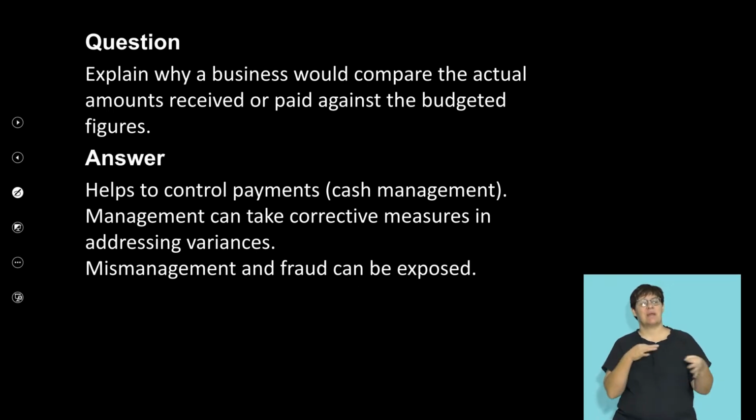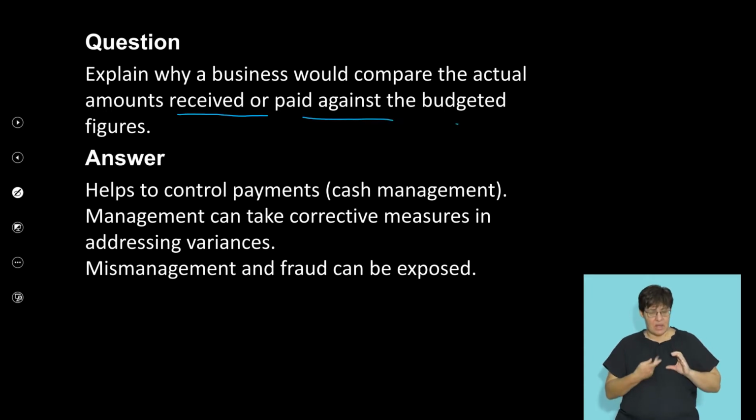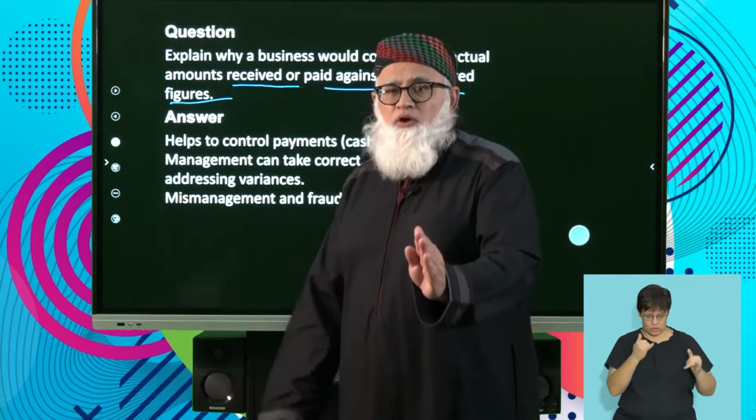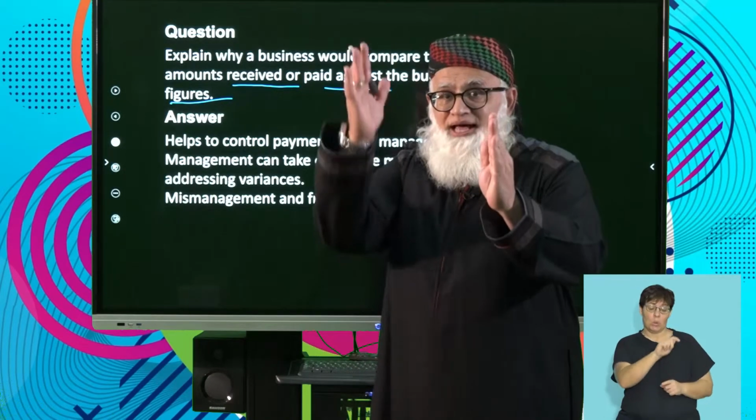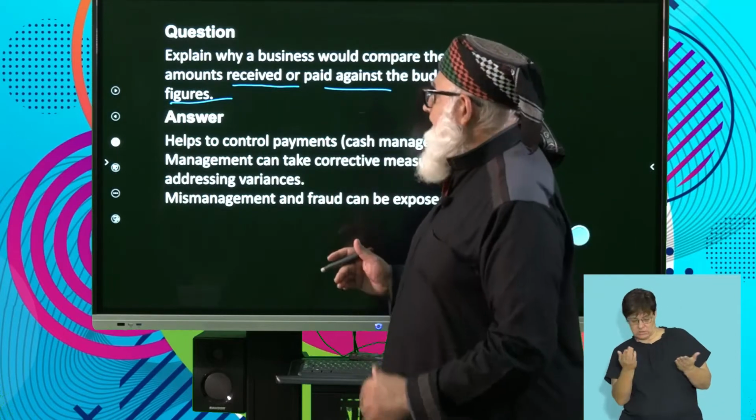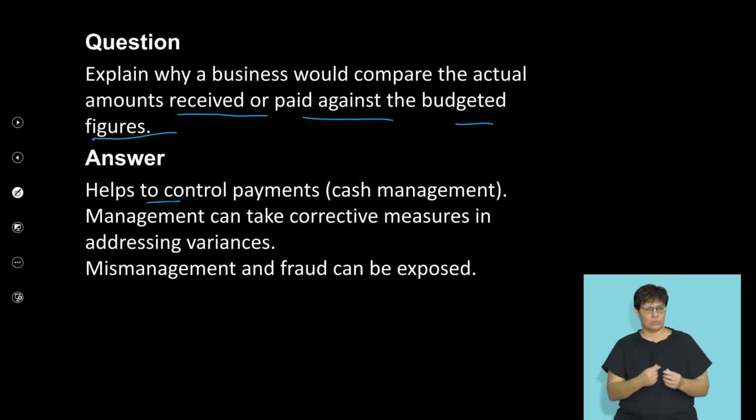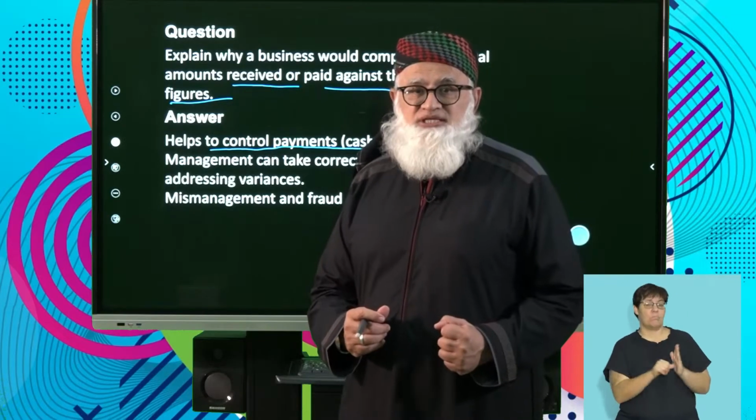Explain why a business would compare the actual amounts received or paid against the budgeted figures. Right, again, what are we comparing? We're comparing actual against budgeted. What does it do? It helps to control your cash. That means your cash management is of critical importance here, right?